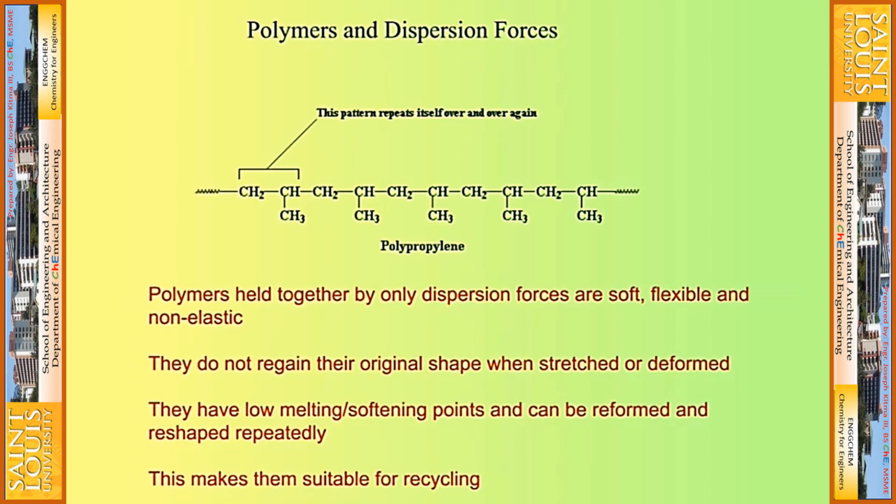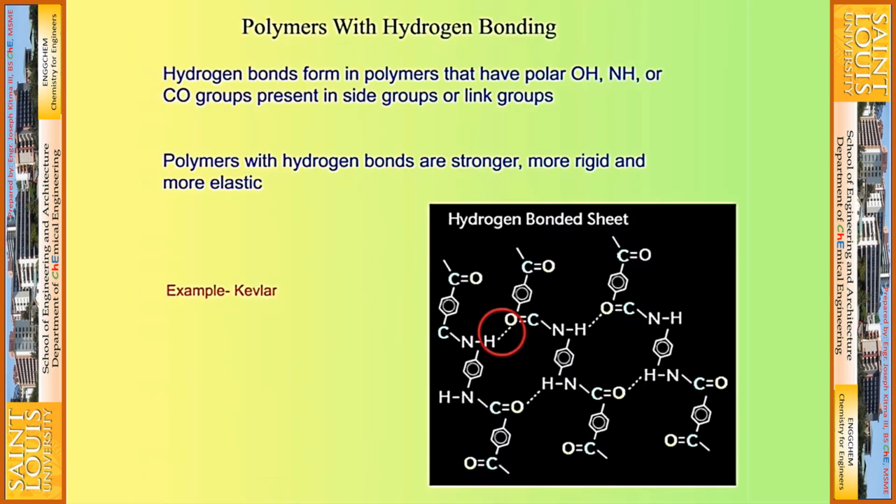This makes them suitable for recycling. Hydrogen bonds form in polymers that have OH, NH, or CO groups present in side groups or link groups. Polymers with hydrogen bonds are stronger, more rigid, and more elastic.